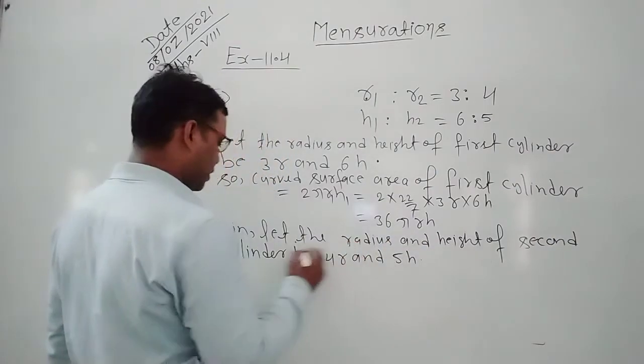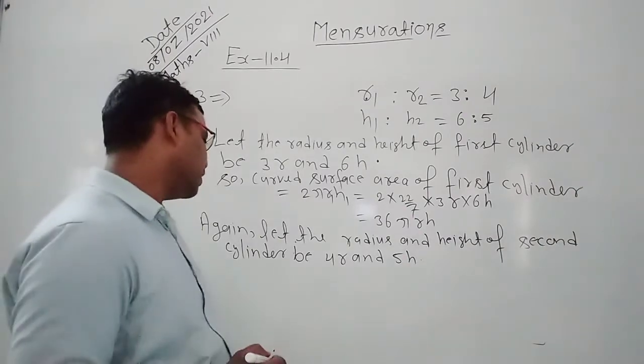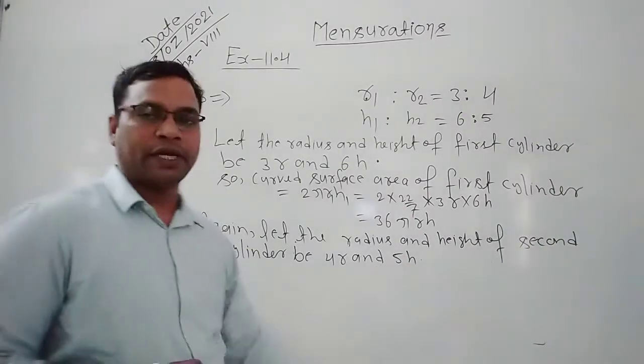This is clear. We let the radius and the height of the second cylinder be 4R and 5H.